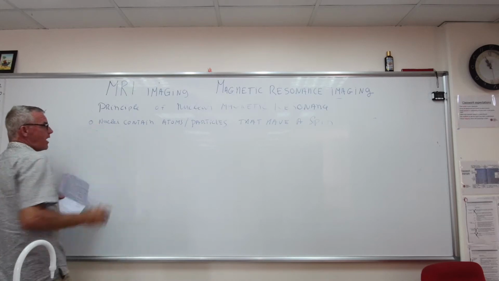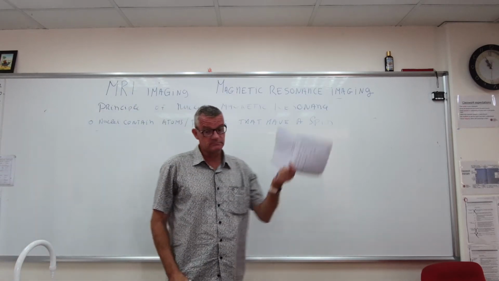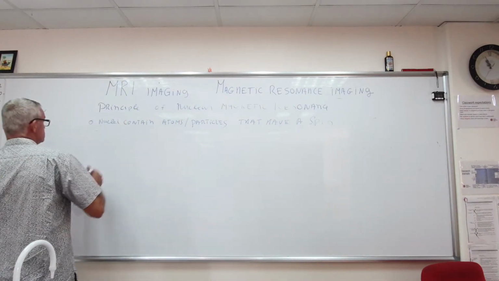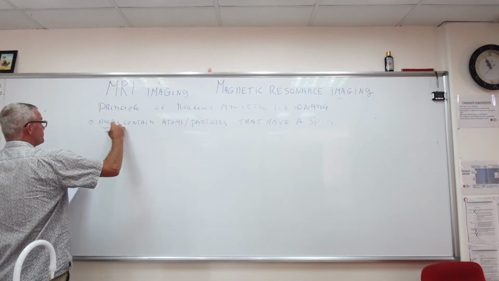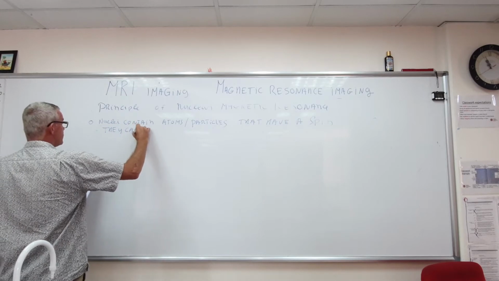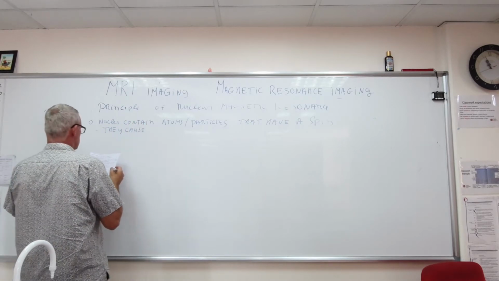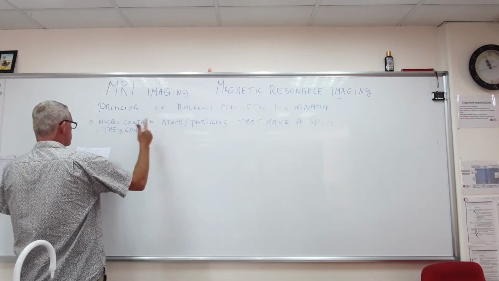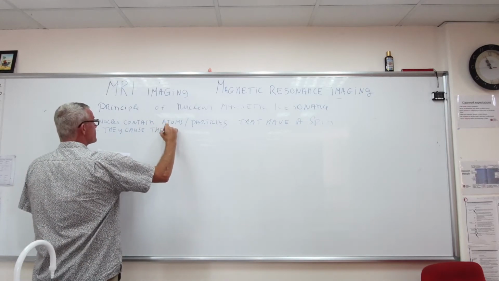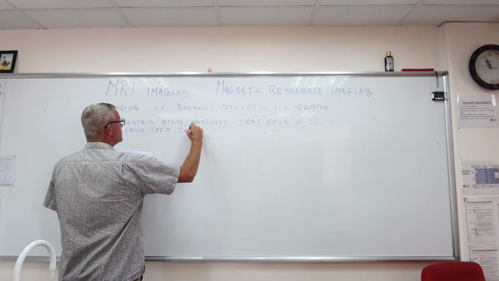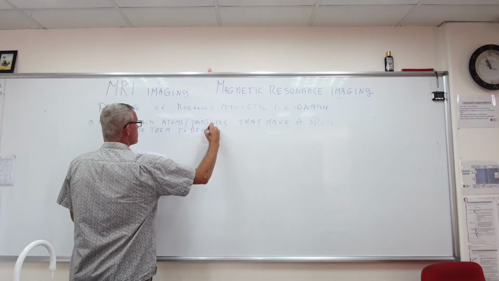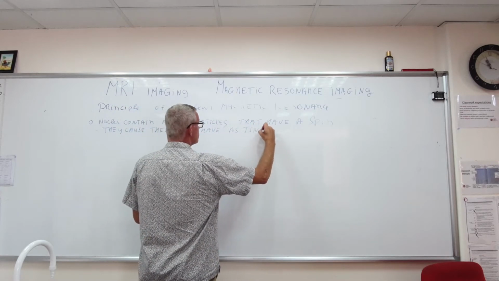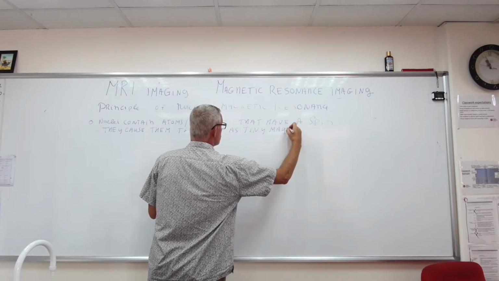Now, when particles in an atom, could be electrons, could be protons, when they have a spin, they cause a magnetic field. And they behave as tiny magnets. Okay?